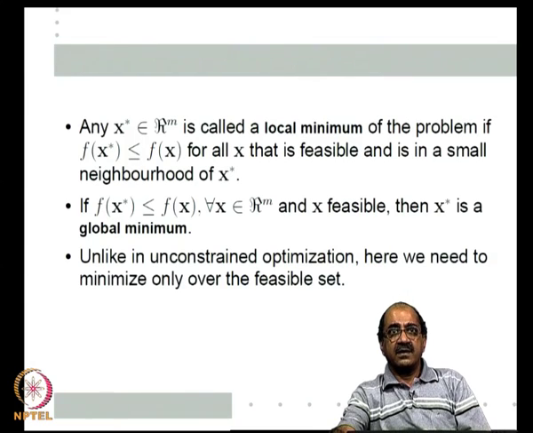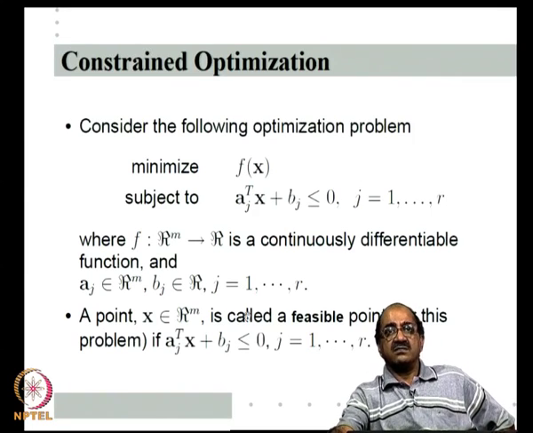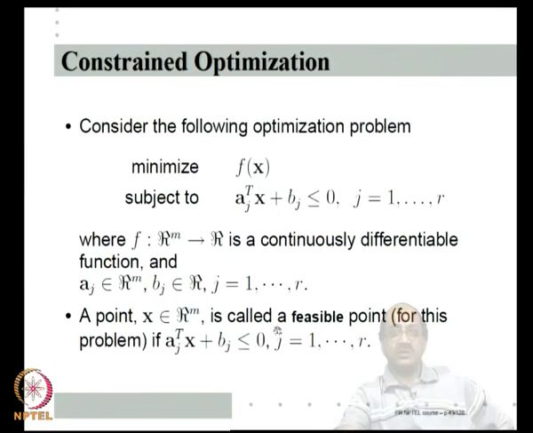Just for the optimization tutorial, so to say, we will use the notation that all vectors are in bold face. So far we have not been distinguishing between vectors and scalars, but just for these 3-4 slides where I discuss optimization, I will use bold face characters for vectors. So, these x's are vectors, aj's are vectors, but bj's are scalars, okay.